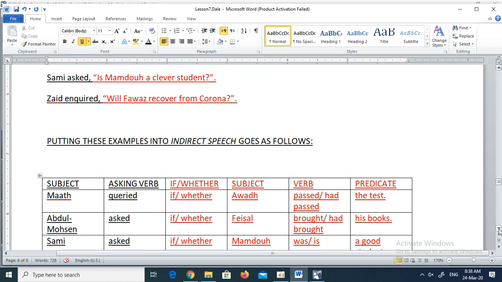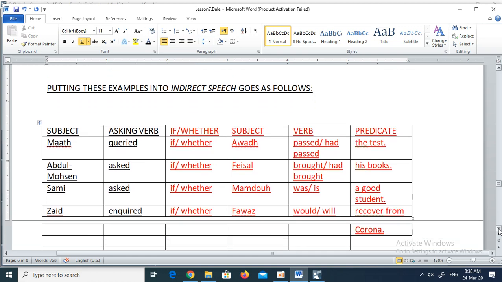Then we have to use either one of those two words. You can either say if or you can say whether. So let us just use if in the first example. Marv queried if Awad passed the test, or Awad had passed the test. Abdul Mohsen asked, let us use whether in this case, whether Faisal brought or had brought his books.